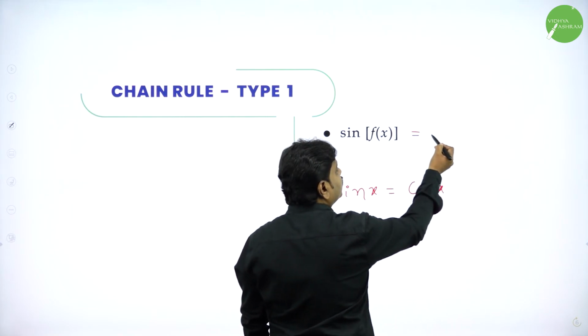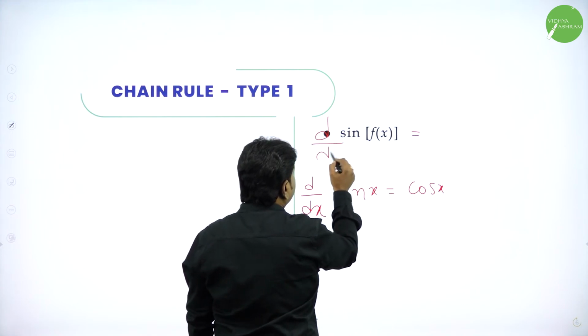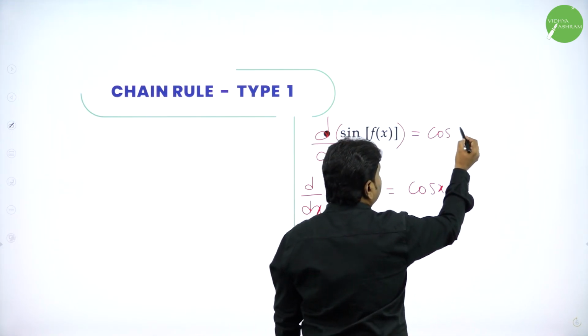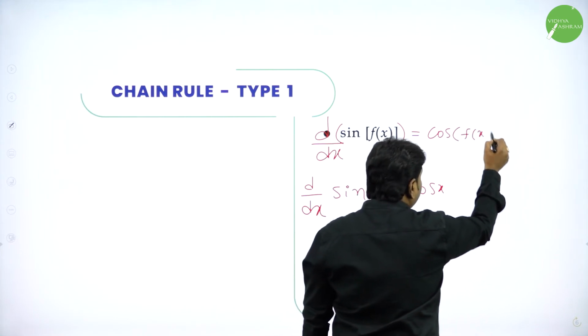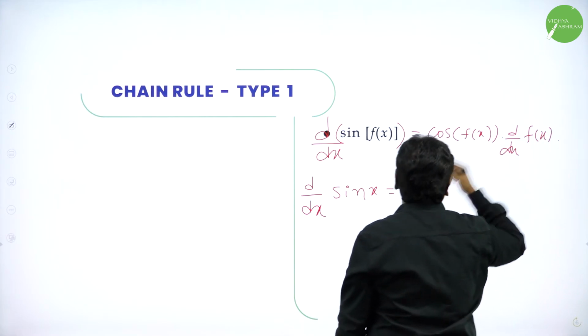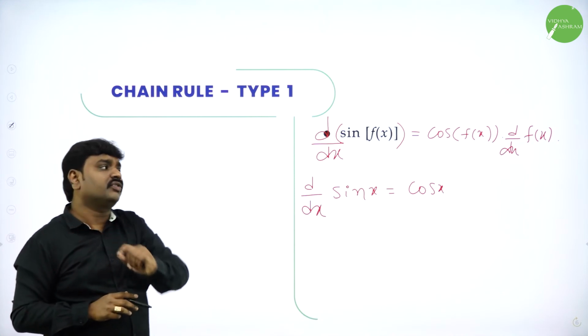Similarly, d by dx of sin f of x is cos f of x into d by dx of the internal function called f of x.